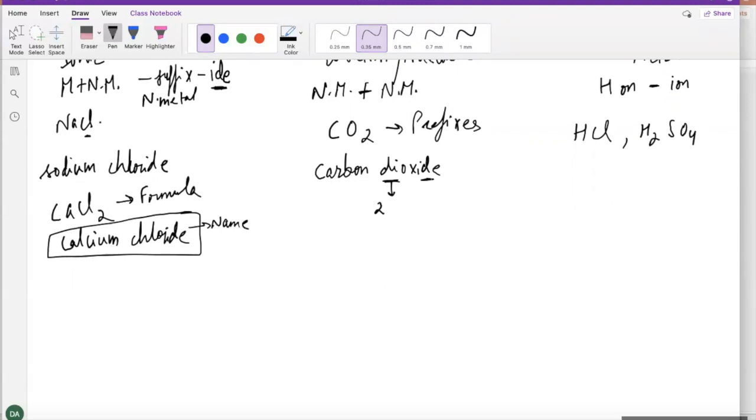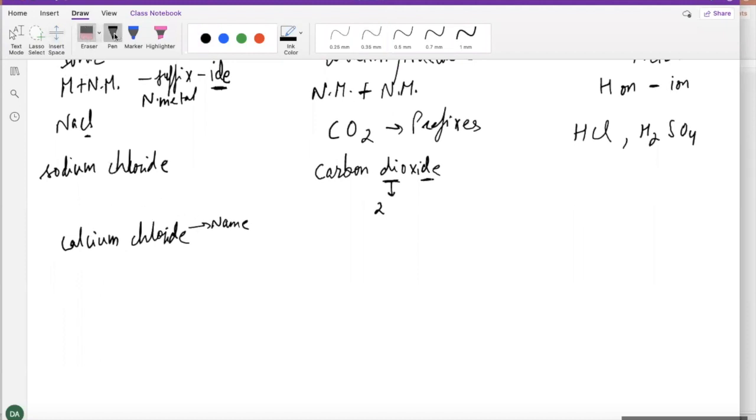So let's say we don't know the formula, okay? So let me erase this. Let's look at the name and see if based off this name, I can go back to that formula of CaCl2 without using that di prefix here. Let's see if we have sufficient information to do that. And you'll see we actually do.